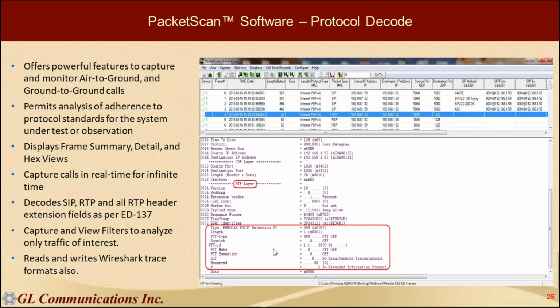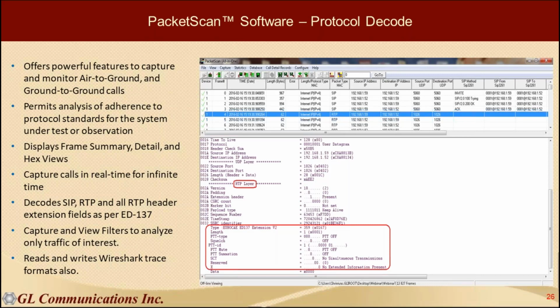This helps in analyzing the exchange of radio parameters like the PTT bits, the squelch bits, and the SCT bits, so it helps in analyzing what has been exchanged between the controller and the radio on a per call basis. It also provides capture and view filters for the analysis of traffic of interest.